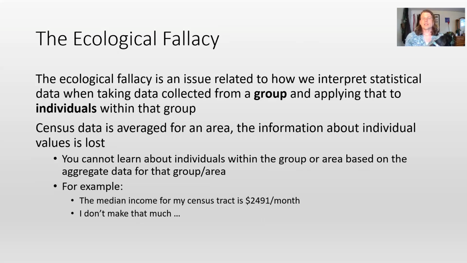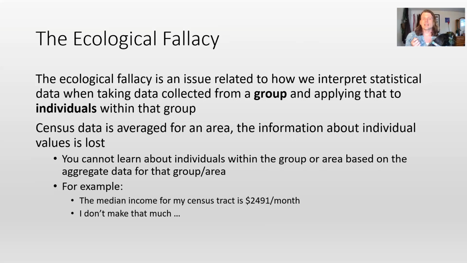One is known as the ecological fallacy. The ecological fallacy is just an issue related to how we interpret statistical data. When taking data collected from a group and applying that to any individual within the group, you run into serious issues. Census data is averaged for an area, and the information about an individual within that area is then lost.